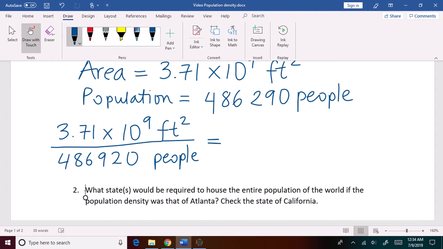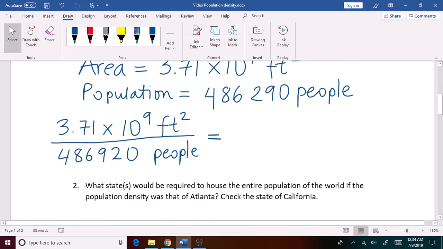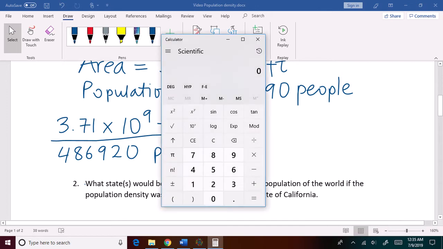So we expect to get something similar to what we have in here. I open the calculator, it's 3.71 divided by 486,920.